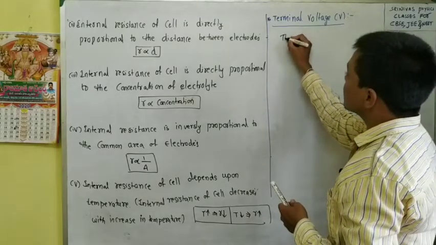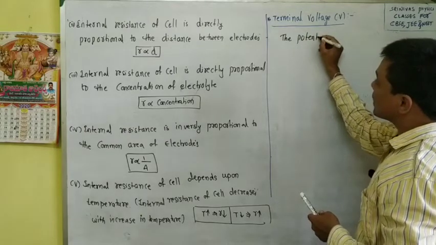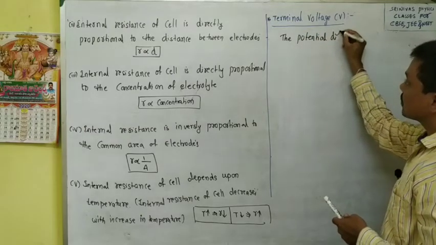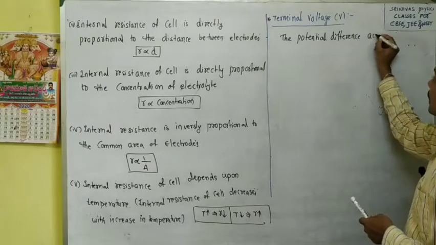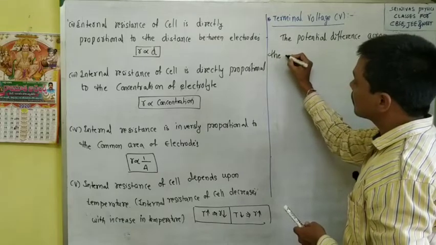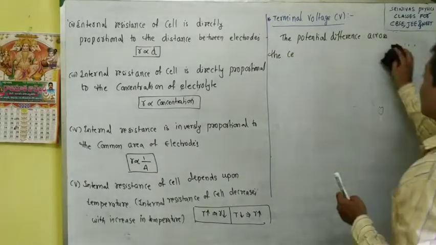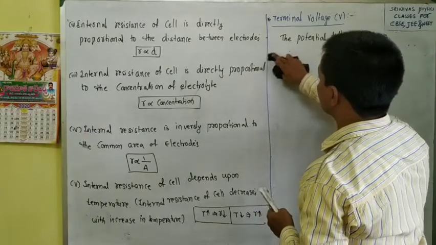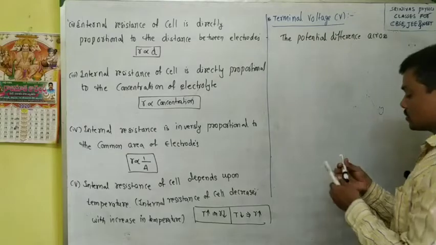The definition of the terminal voltage is the potential difference across the cell. The potential difference across the two terminals of a cell. The cell has two terminals, and the cell produces some potential difference.